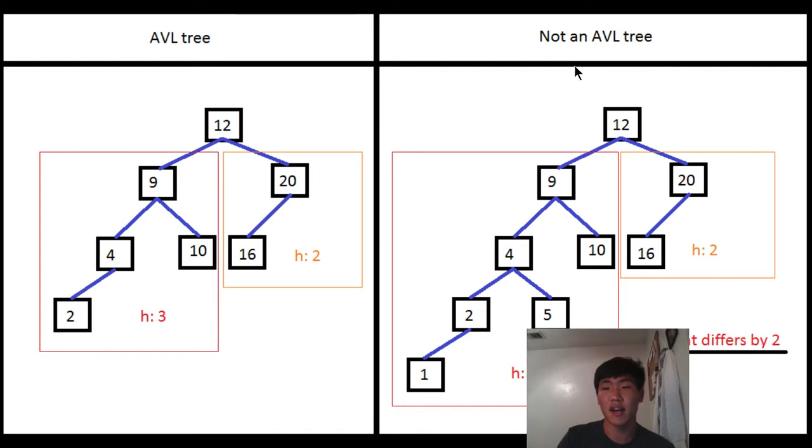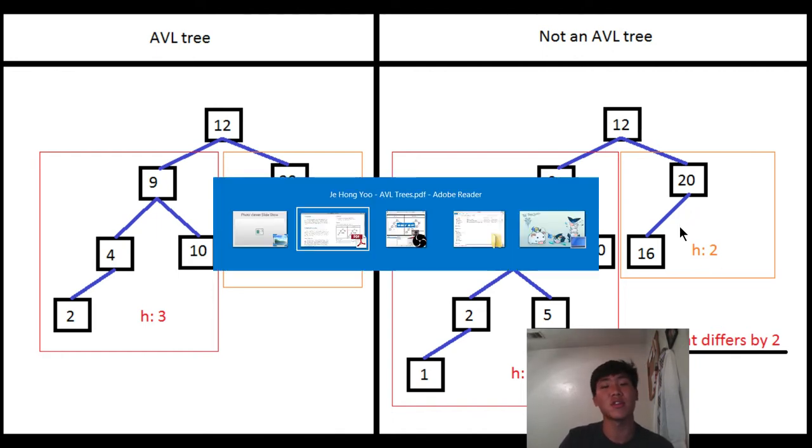However, on the other side, we see what is not an AVL tree, because even though everything within the left subtree doesn't seem too far off, the height of the left subtree is 4, while the height of the right subtree is only 2, which differs by more than 1. So that's an example of what is not an AVL tree. This would be your average binary search tree.